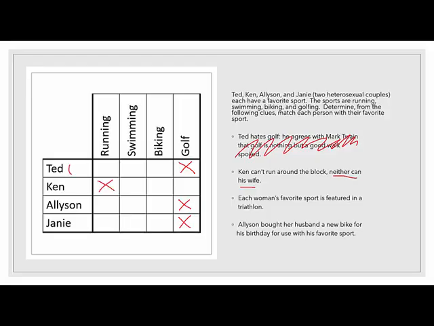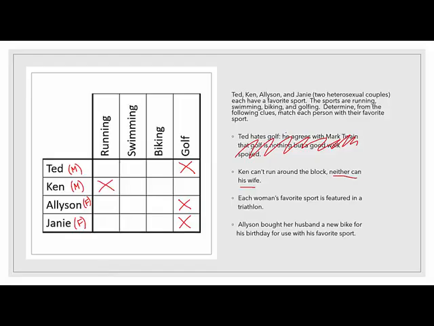So Ted implies that this is a male. Ken, same thing. So sometimes it's good to write down male and female. Now that's not always the case, right? But with these puzzles, they traditionally follow what you would think is a male and a female name.